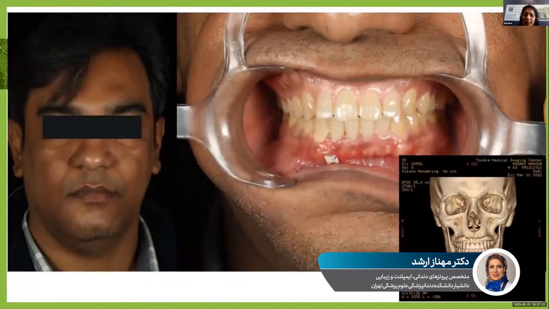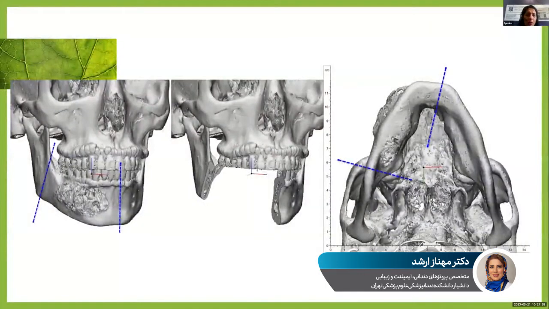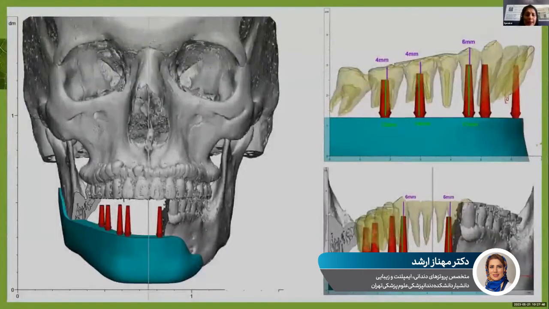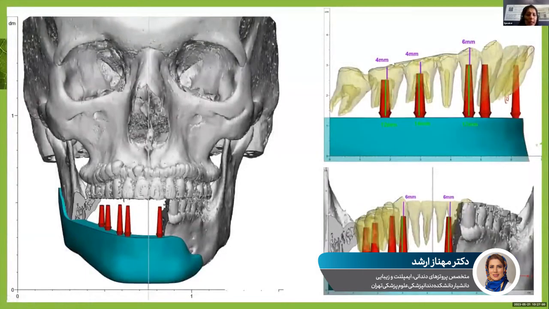You see the CT of the patient with the severe ameloblastoma, and you see the extraoral and intraoral photos. We section the jaw the way we want to section it in the surgery room, and then we design the plate and also the abutments as subperiosteal implants.